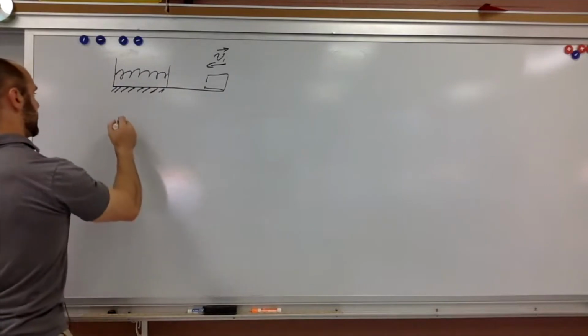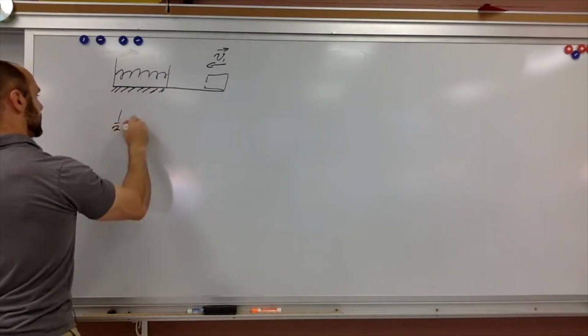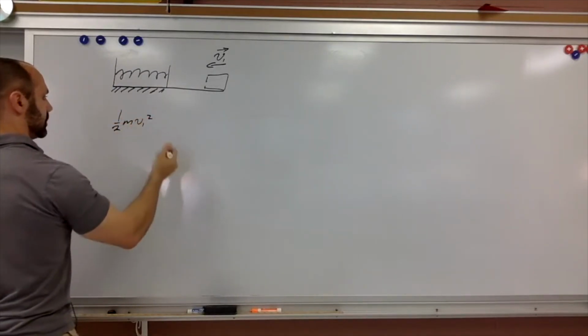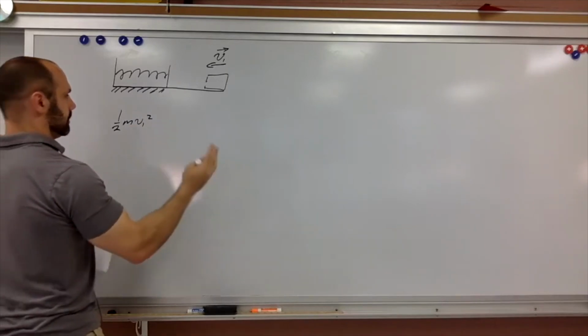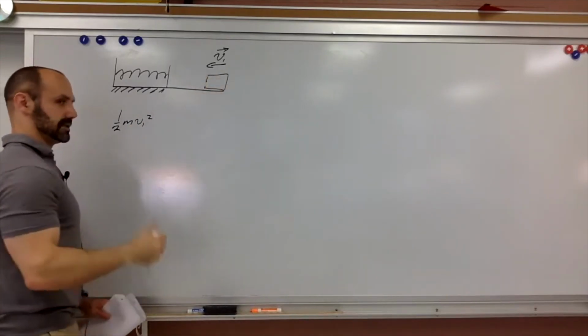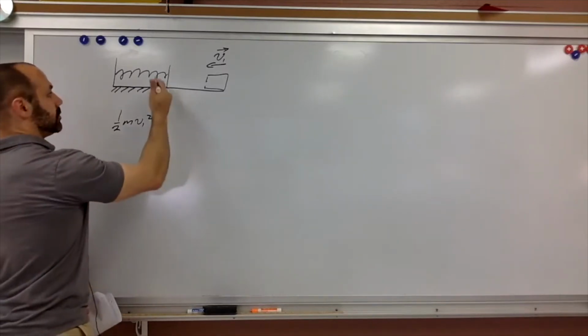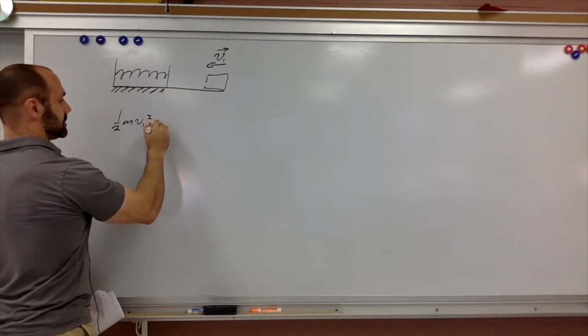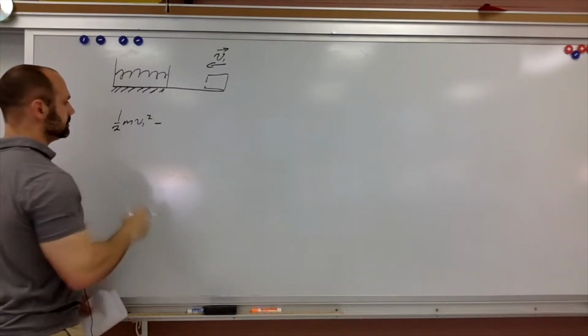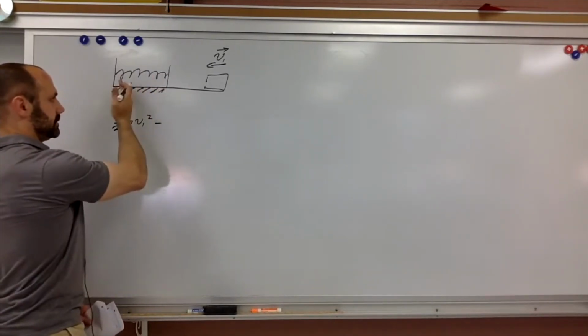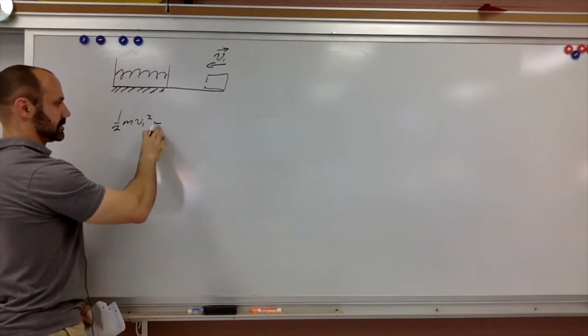So initially it has kinetic energy, so 1/2 mv1 squared. Nothing else at this point. That's all the energy it has. It doesn't have any elastic energy. It doesn't have any gravitational potential energy. But then once it hits here, there's going to be some friction exerting a non-conservative force.